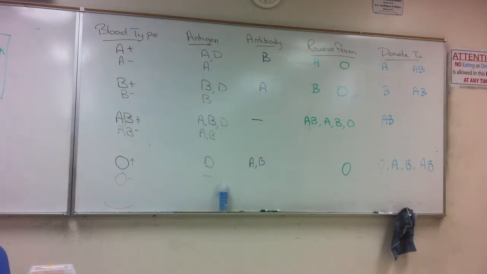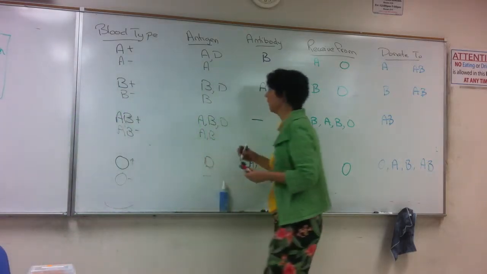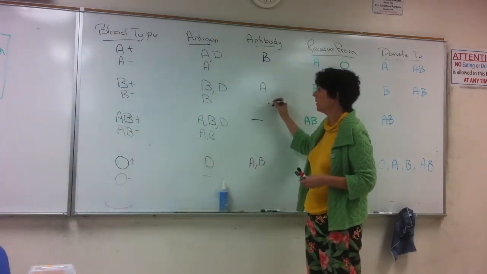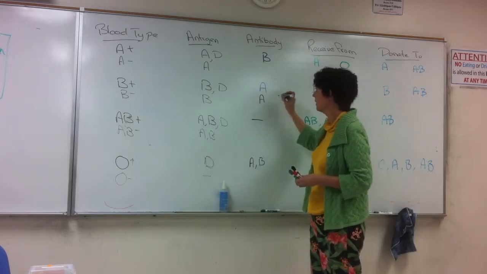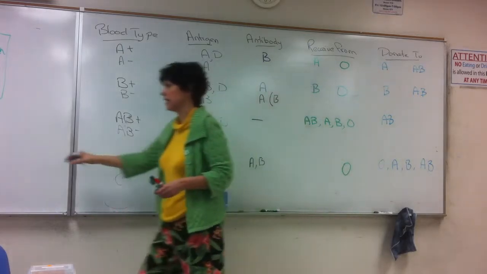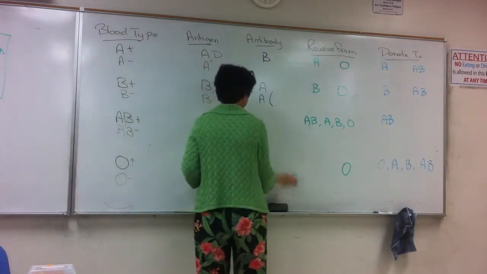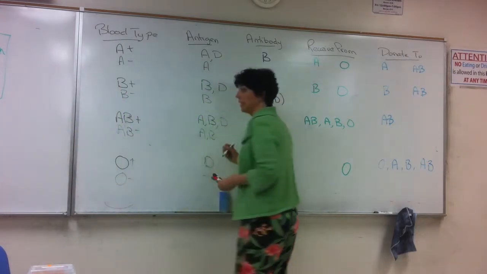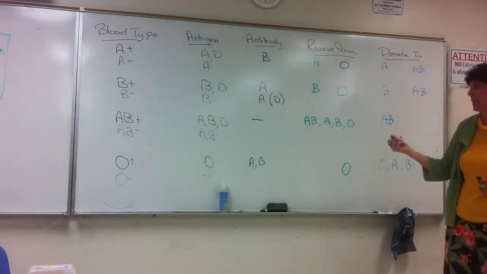So if I'm negative and I have a baby, or I'm negative and I have a transfusion. So I'm only going to get the antibody if I'm exposed to it, so I'm going to put that in parentheses. So here I will have A, and only on exposure will I get the antibody to D. So the parentheses means there's a condition. Okay? You have to have a transfusion or be exposed to it.